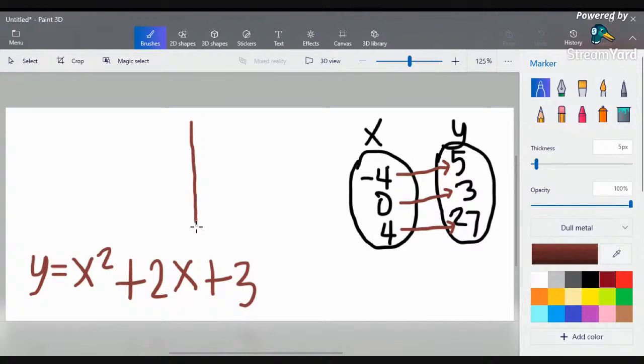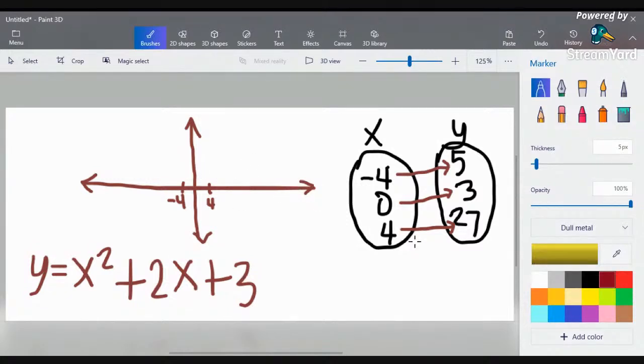If this is your y-axis and this is your x-axis, let's have first your -4, 0, and 4, and 4 maps to... put it beside.